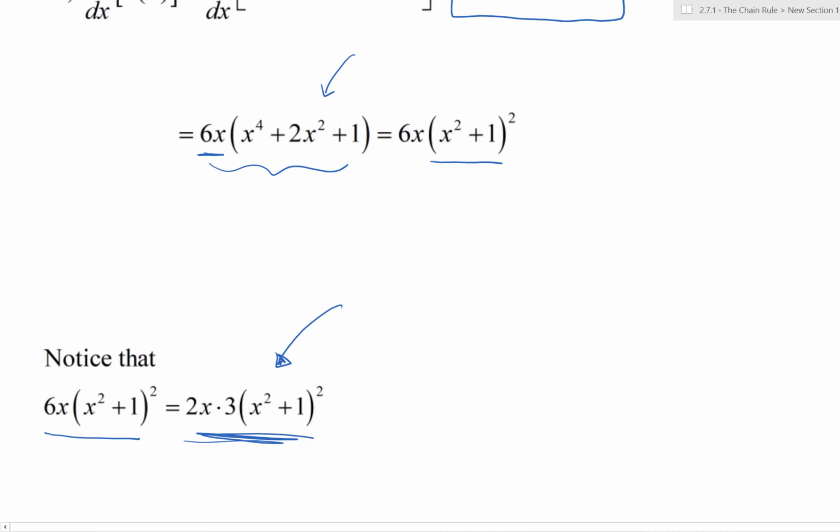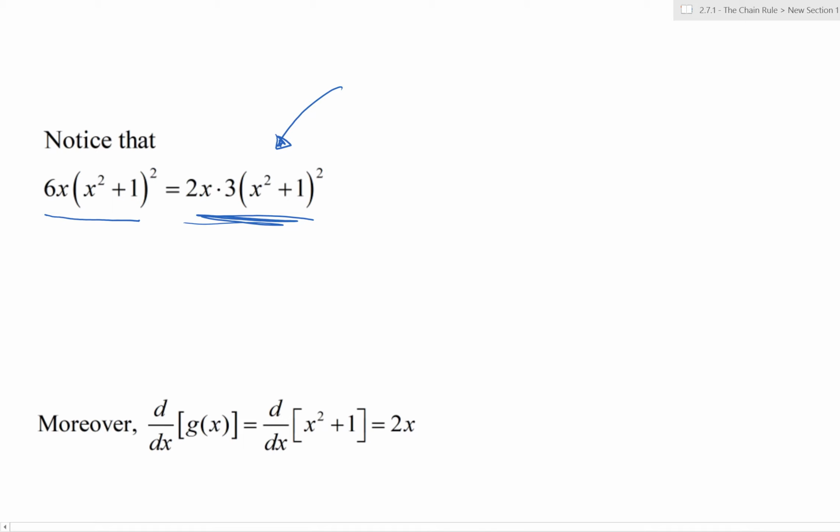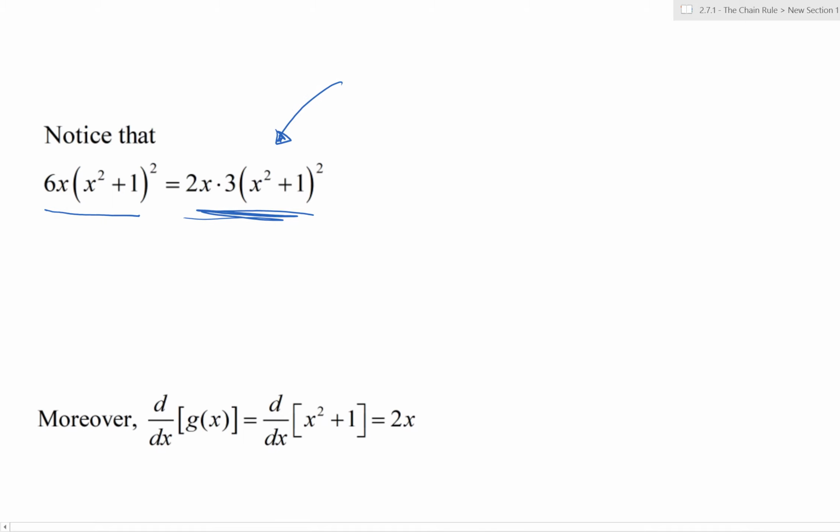Now here's where we start going, remember g of x. g of x was our inner function that we began with. Remember that h of x was the same thing as x squared plus 1 quantity cubed, and our inner function g of x was x squared plus 1. Now notice the derivative of that with respect to x is 2x, and we do see that sitting around there.